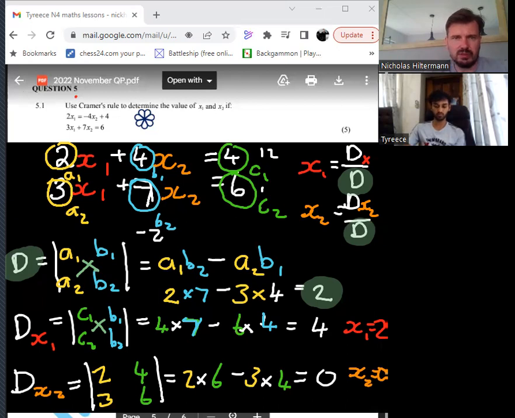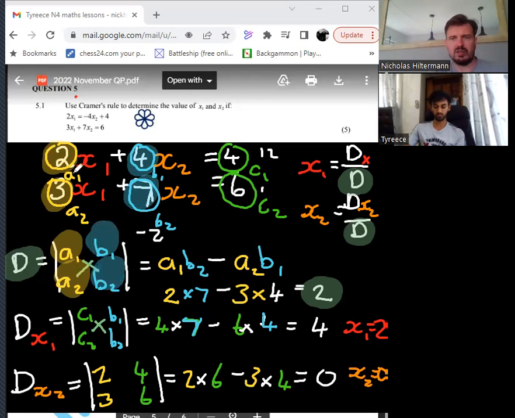We take the number in front of the x1 and put it here. Then we take the number in front of the x1 in the second equation and put it there. Then we take the number in front of the x2 and put it there. So in this case, it was 2, 3, 4, 7.